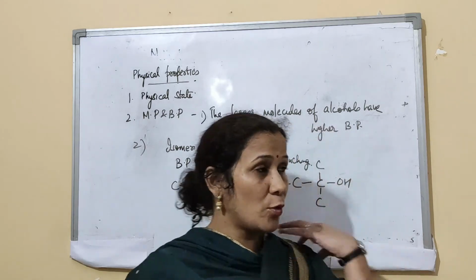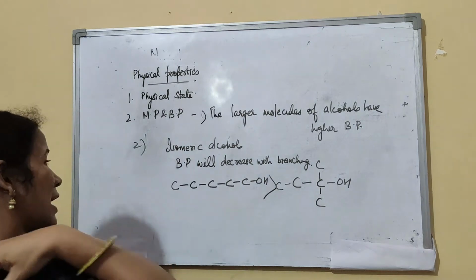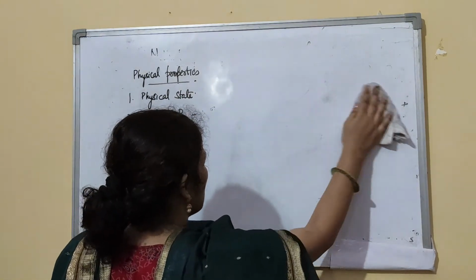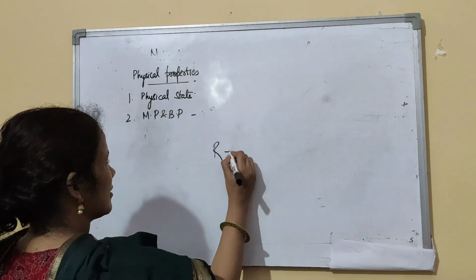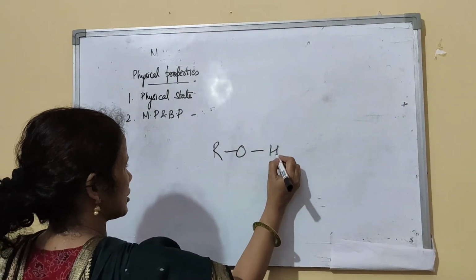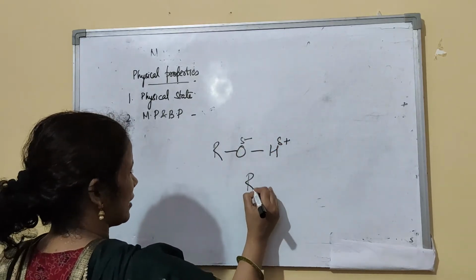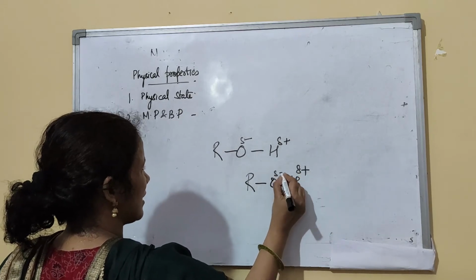And one thing more which is important is that alcohol molecules have very strong intermolecular hydrogen bonding. If you see an alcohol molecule, it is like this, R, O and H, delta positive, delta negative. If another alcohol molecule is there, delta positive, delta negative.